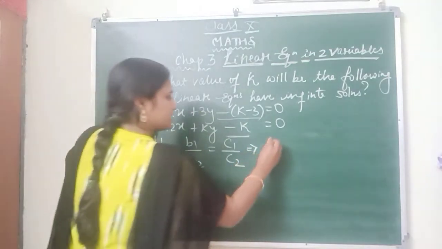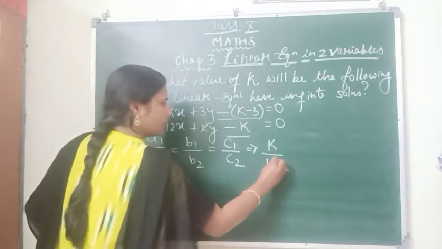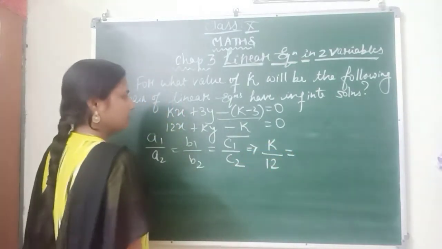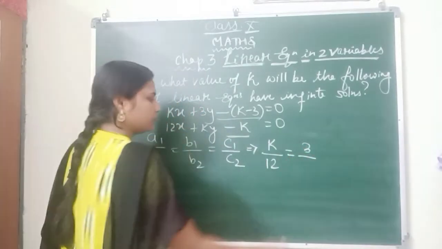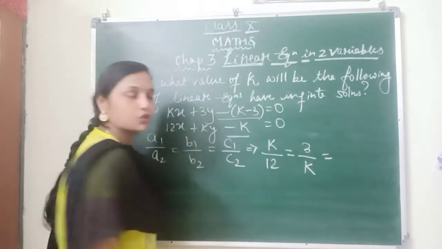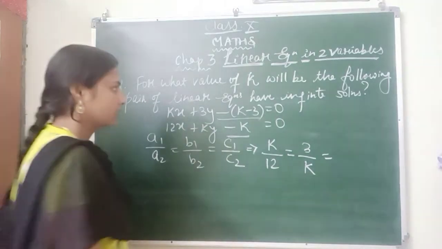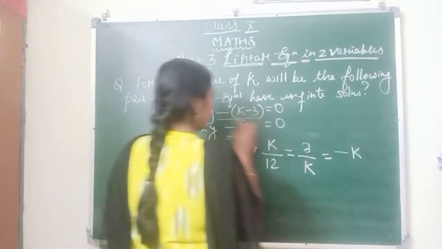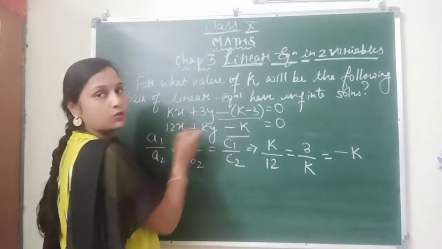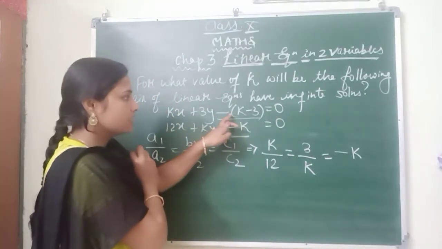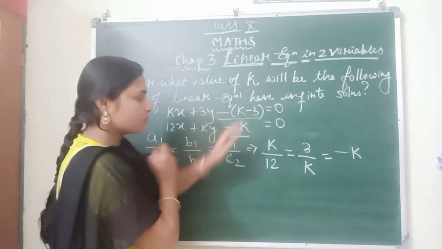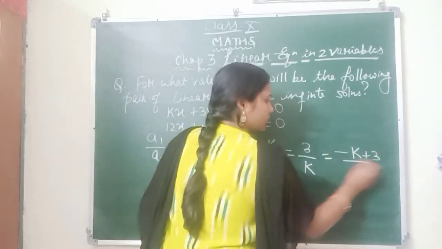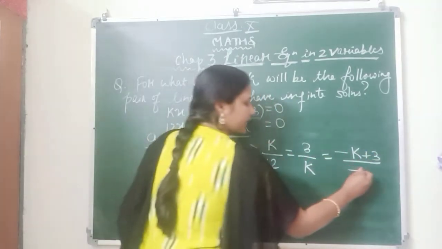a1 is k, a2 is 12, b1 is 3, b2 is k. You only have to take the coefficients, not the variables. Here the constant term is minus (k minus 3), and since there is a minus sign outside the bracket, the sign will change, so it becomes minus k plus 3, upon minus k as it is.